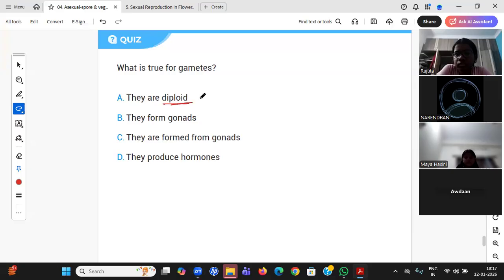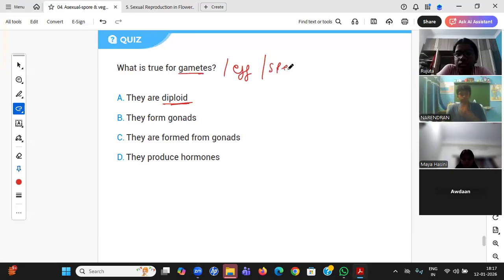They are not diploid. Just now we said gametes means egg cell and sperm cell. They are only 23, so they are haploid and can't be diploid. Mixing both of them gives a zygote, which is diploid.